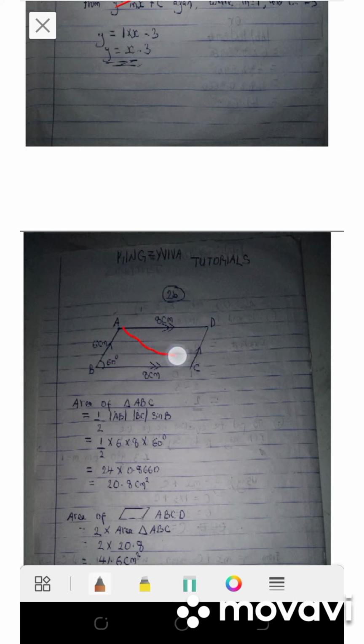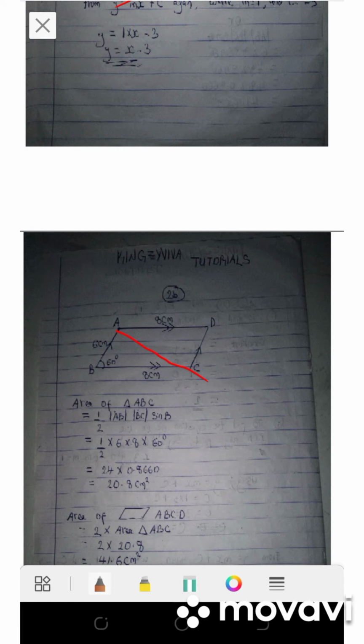The line is not straight, so from here to here, it's better now. So, area of this triangle can be found using the formula half line AB times line BC times sine of the angle B.